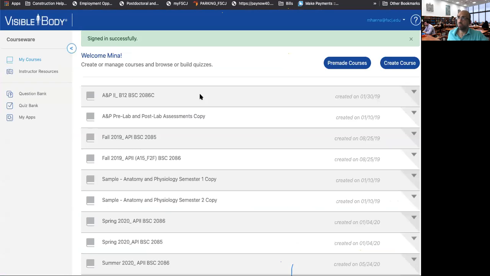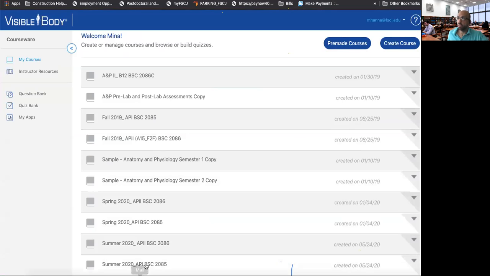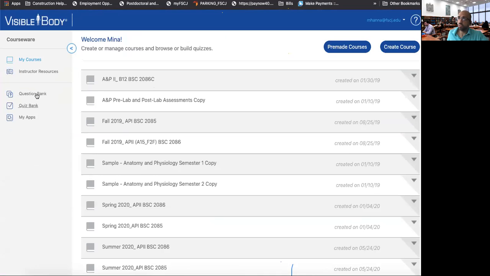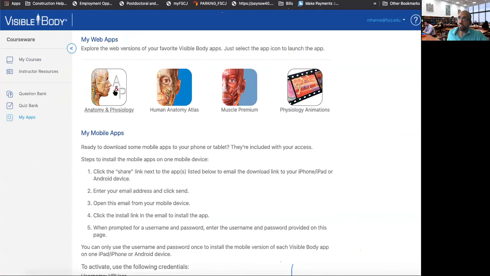So if you signed in to your Visible Body and go back to your courses here, it will tell you My Apps, My Question Banks. If you open My Apps, it will give you access to 4 mobile applications. Those are so helpful, and they will be of great importance for you to prepare for this course.